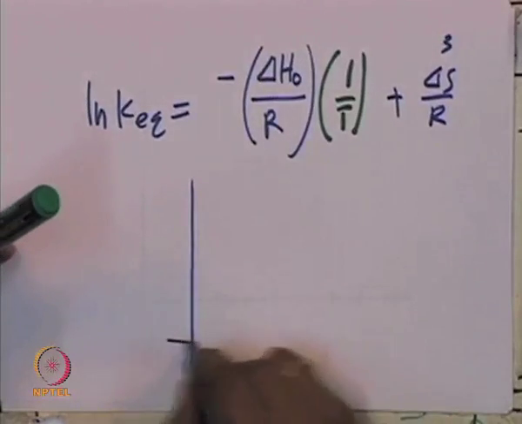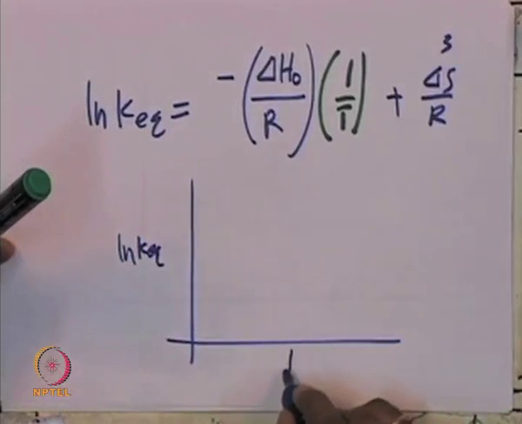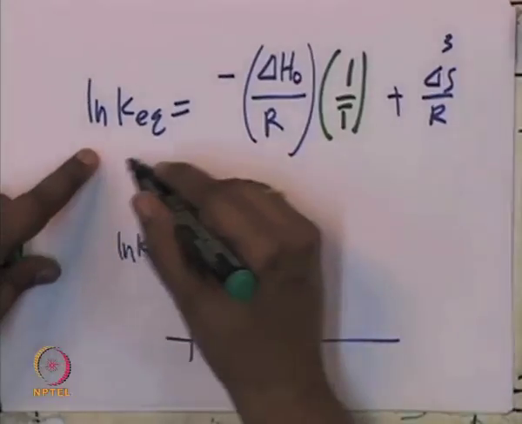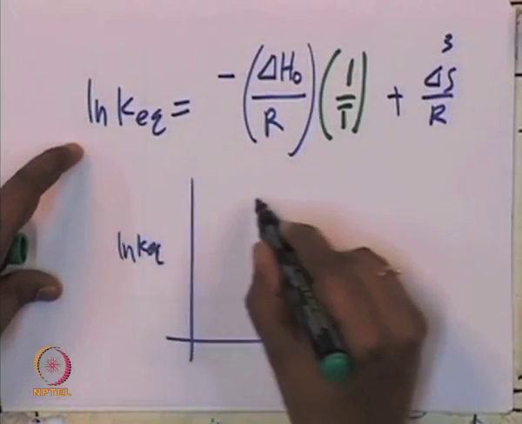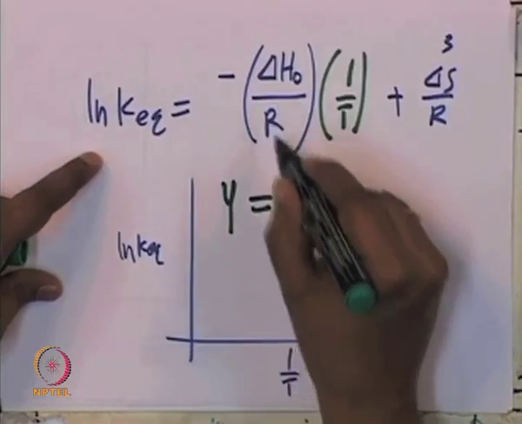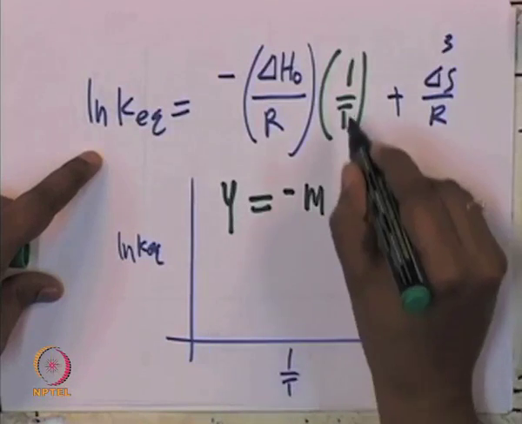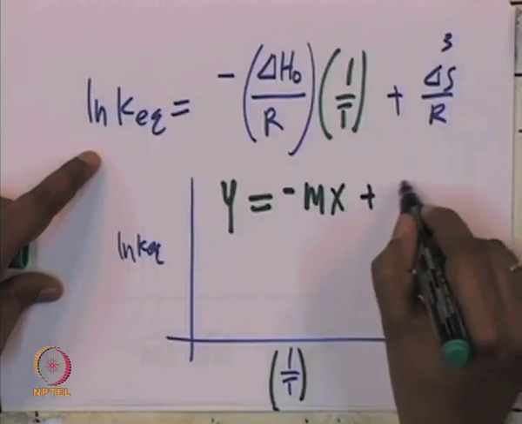Now, ln k equilibrium versus 1 over T. If you look at this equation, this is the y. This equation looks like y is equal to minus some constant m, times 1 over T, which is your x axis, plus some other constant c.